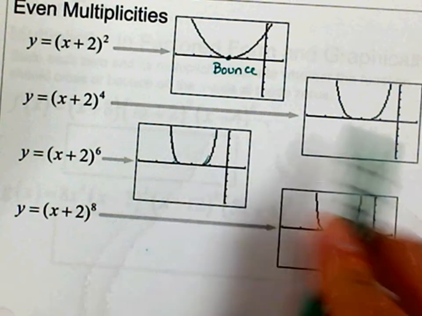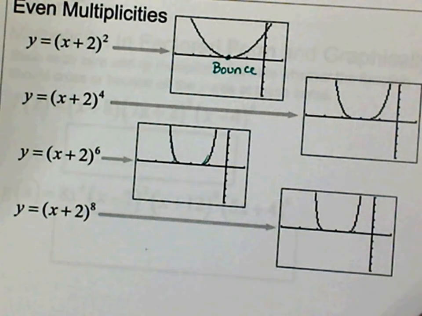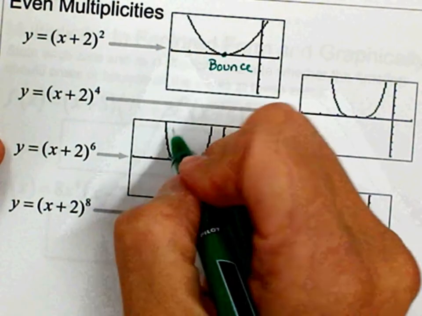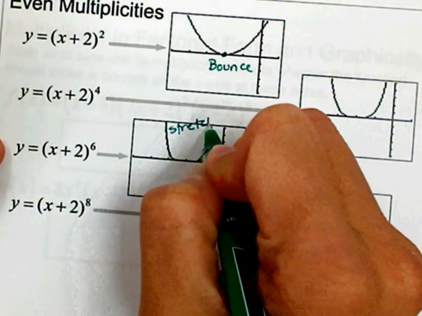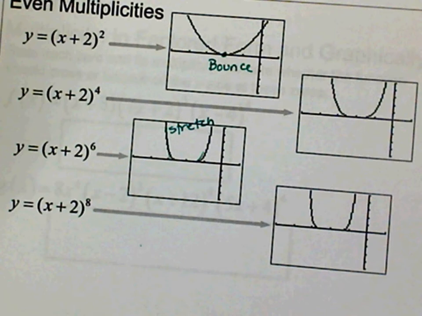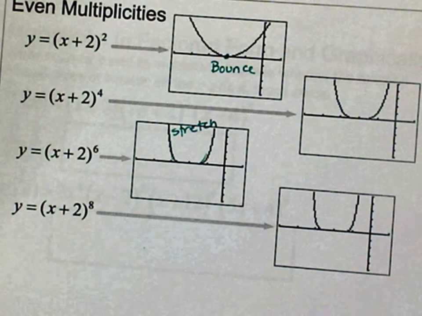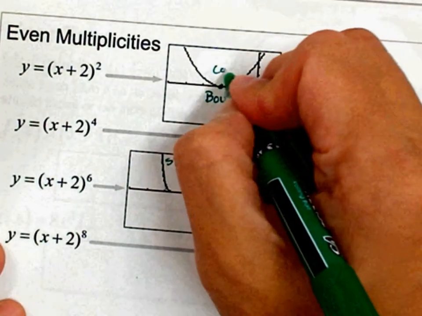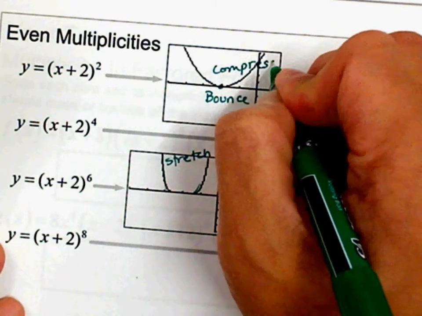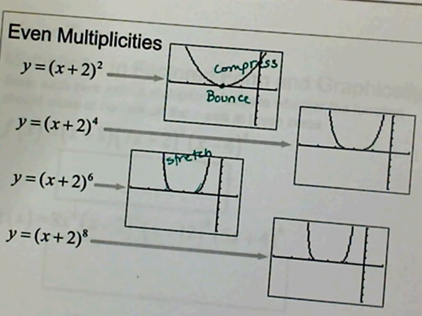It's called a stretch, okay? When it's more narrow, the word for that is a stretch. And when it's pushed down where it's wider, that is called a compress. It's more compressed, like you're pushing it down to make it flat. Or you're pulling it up to make it skinnier. That's a stretch, okay?